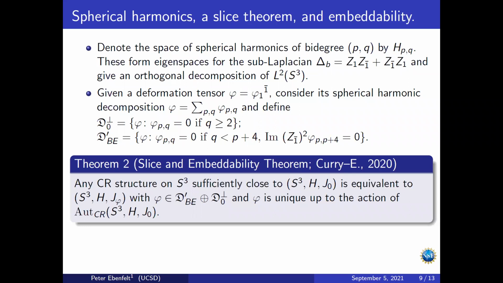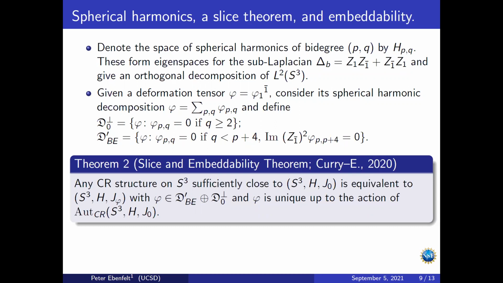When you've done that, you've eliminated a lot of the action and contact. The only thing that remains, or you can't really get rid of, are the CR automorphisms of the standard sphere. But that's a five-dimensional proof you can have.